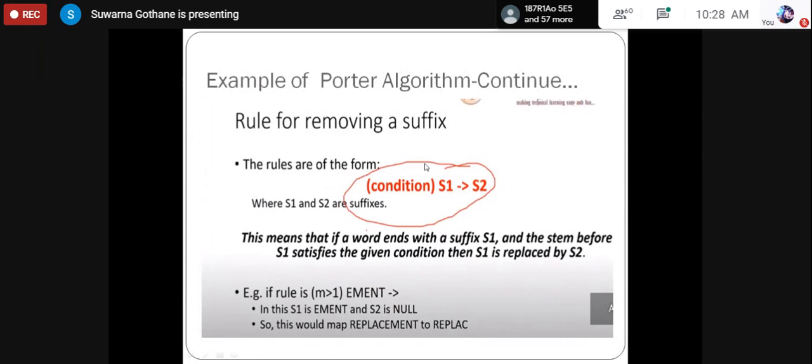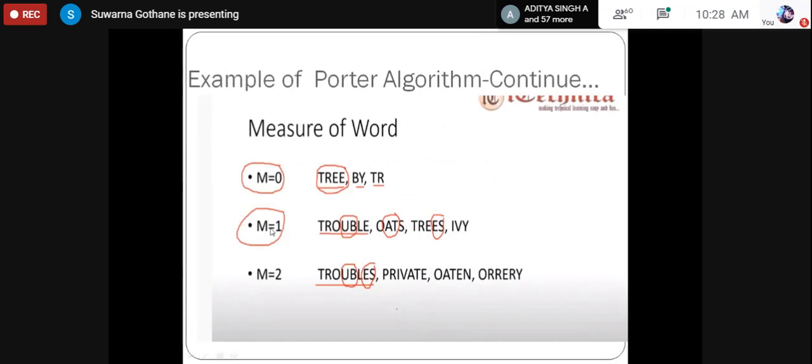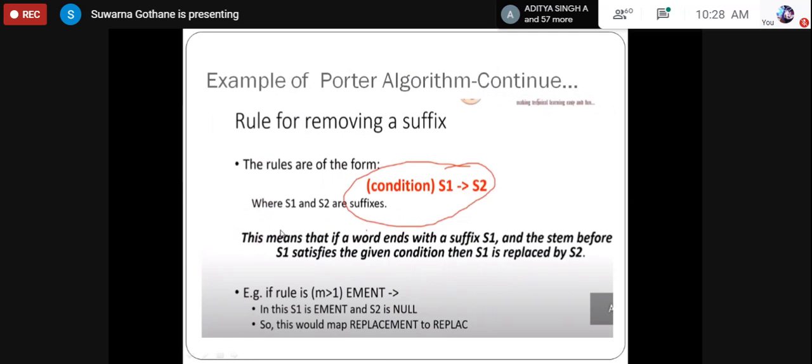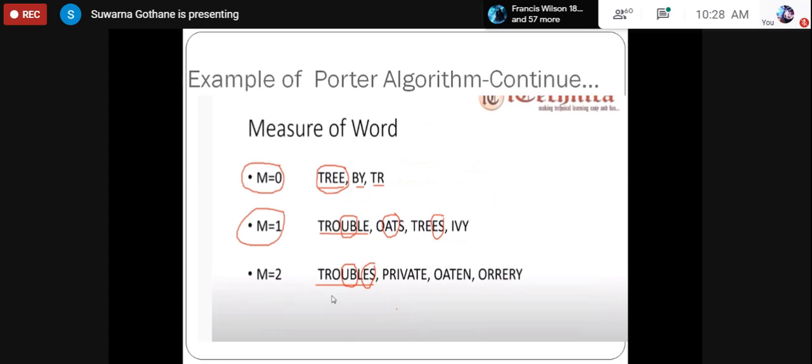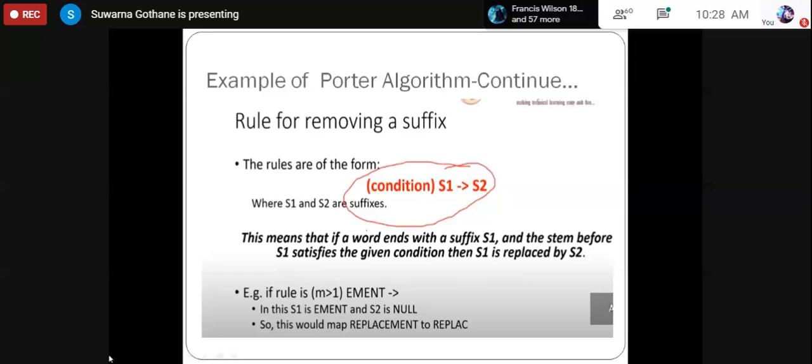Now some rules are going to come. The rules have a condition. If m is greater than 1, where m is the measure we have seen, then this condition is going to happen for a particular word, with a replacement. M greater than 1 means m is 2 or more, a combination of vowel and consonant appearing two times: vowel, consonant, again vowel, again consonant.